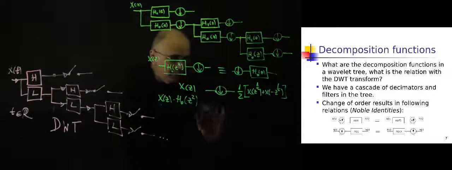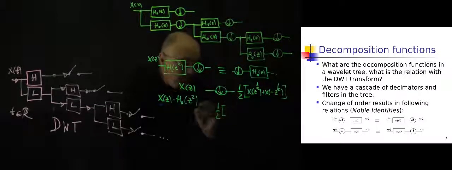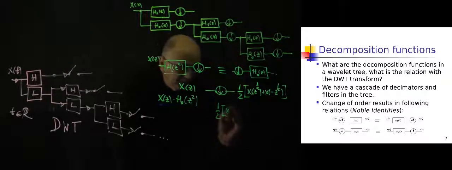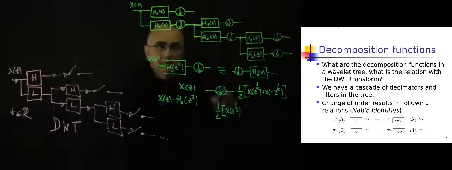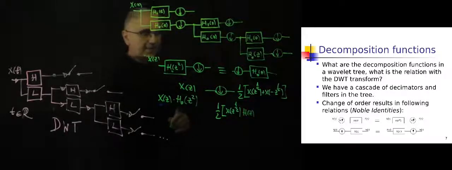Let's do it. So on the right hand side I have 1/2 of, and now here I have z squared, and this is z to the power of 1/2, which means that H0 of z is what remains.